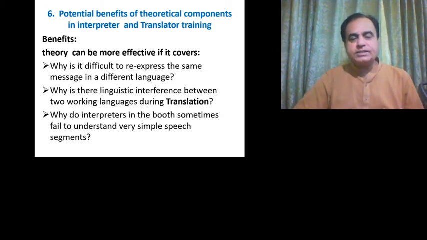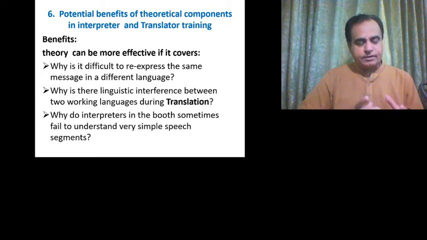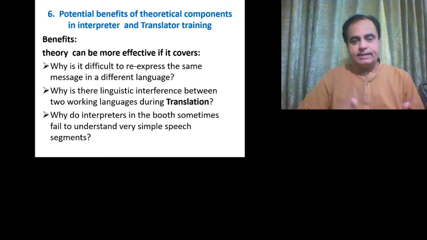Why is there linguistic interference between two working languages during translation? The linguistic interference is like, if I translate a sentence from the Arabic language. Let's take the example of this: marartu bi baytihi.